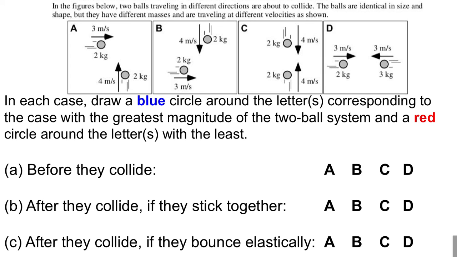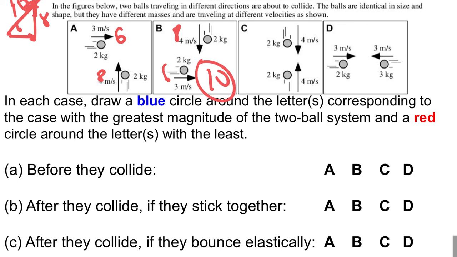Probably easiest if we just compute them. We have to notice that, for instance, in part A, this has a momentum of 6 going that way and a momentum of 8 going that way, but if it's 6 over and 8 up, it's actually a total momentum of 10. And likewise, here we have 8 downward and 6 over, so that's also going to be 10.